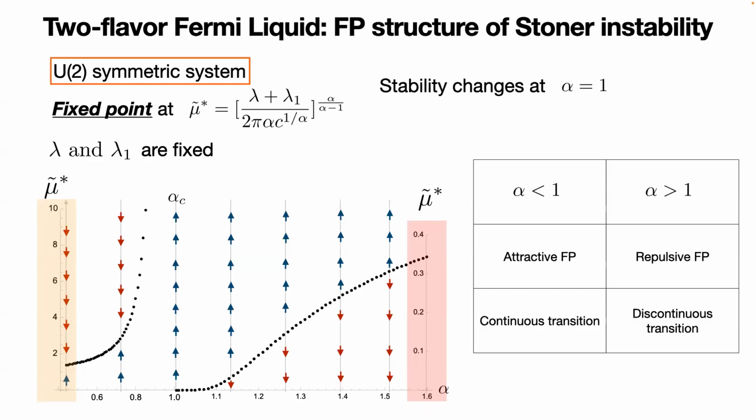So you don't do power counting to say that the term is more relevant and can be generated, because you always have this linear dispersion.